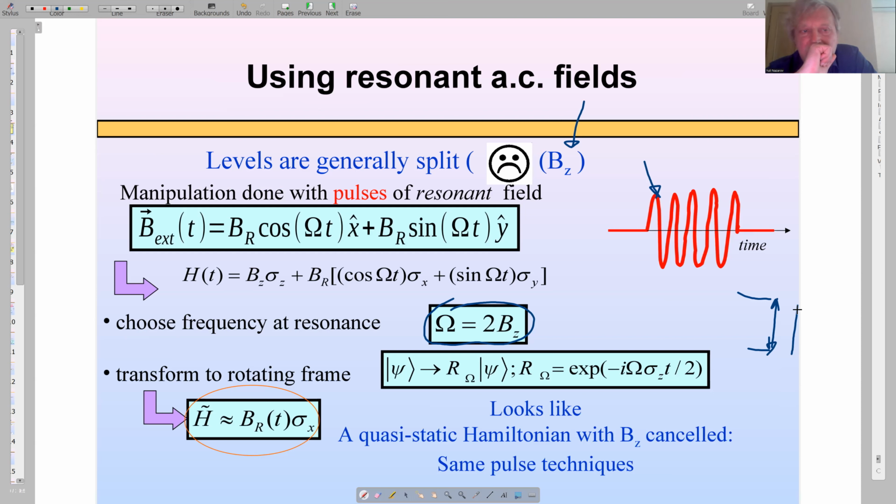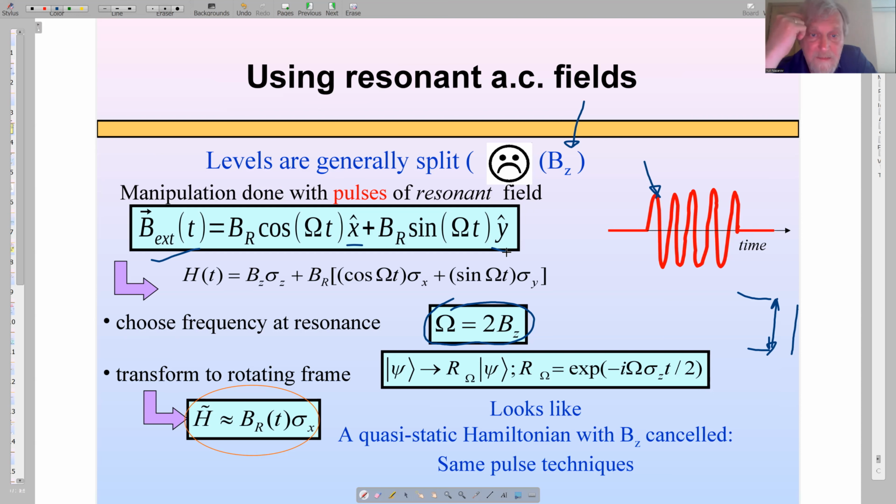So this is the resonant field applied. Okay, the Z direction is fixed, so we apply it in the X and Y directions. You see that it oscillates.